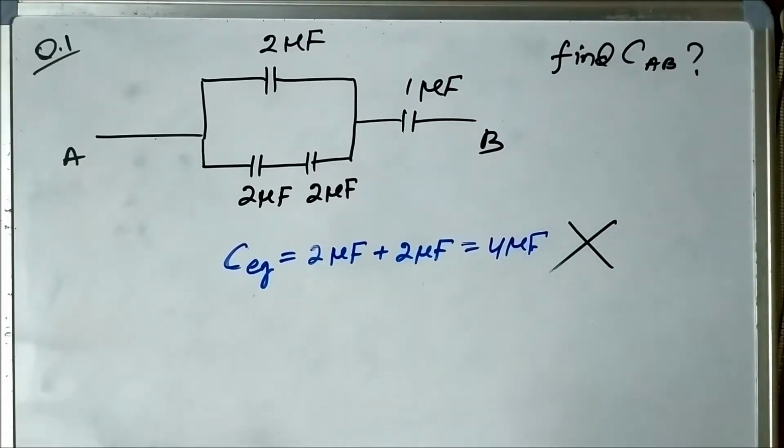Here is where most of the beginner students make a mistake. In case of resistors and inductors, whenever a number of resistors or inductors are connected in series, the equivalent resistance or inductance is simply the summation of the individual resistances or inductances. But in case of capacitance, it is the opposite.